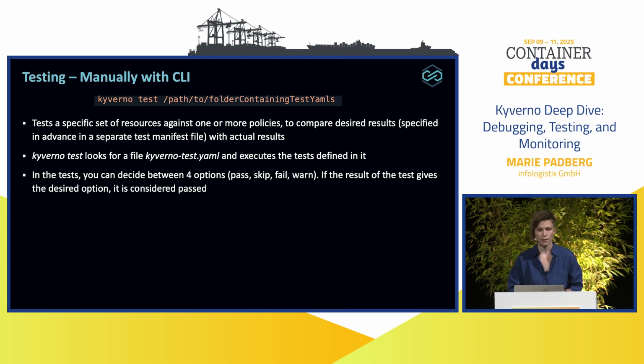Per default, the command Kyverno test looks for a file kyverno-test.yaml, and in this file are all your tests defined that would be executed. And as a result, you can choose from 4 options: pass, skip, fail, and warn. And if your test results in the option that you have chosen, your test is passed, similar to unit tests when you code in Python, Java, whatever.